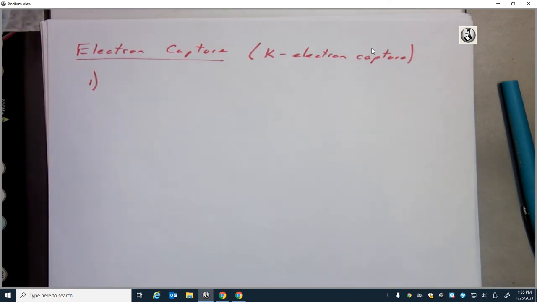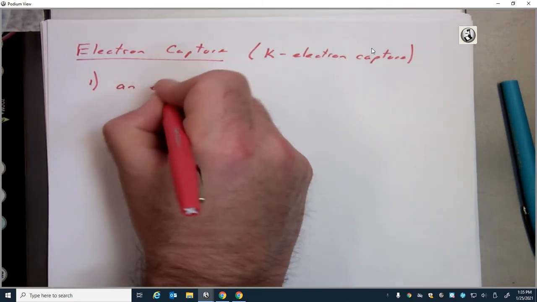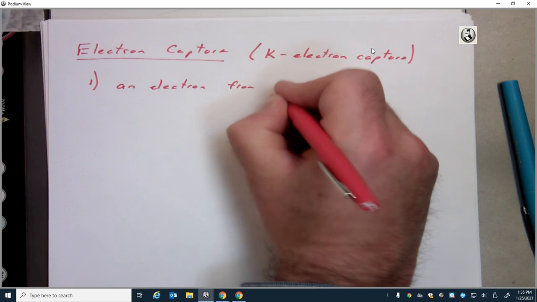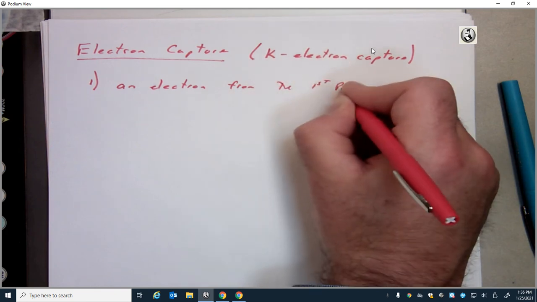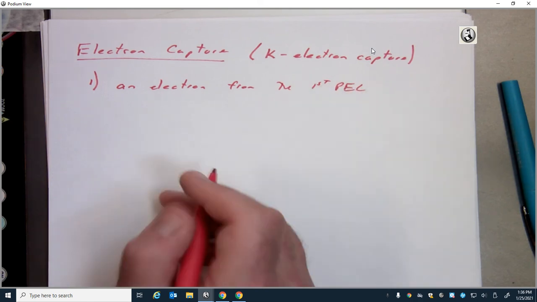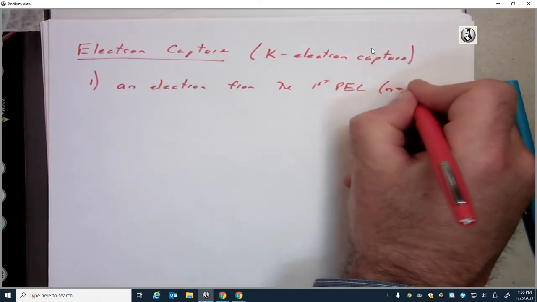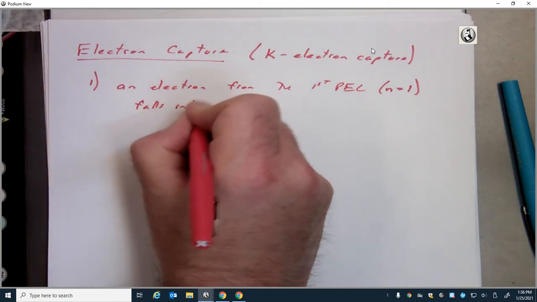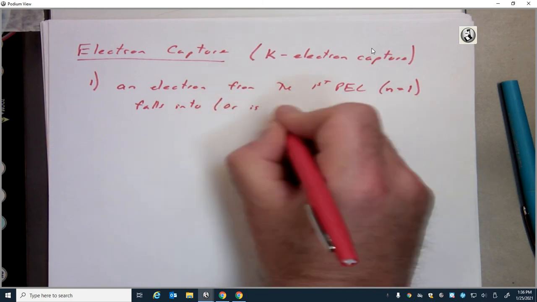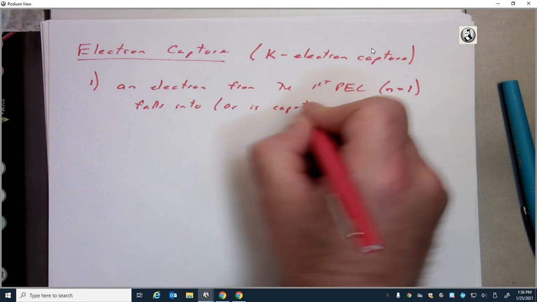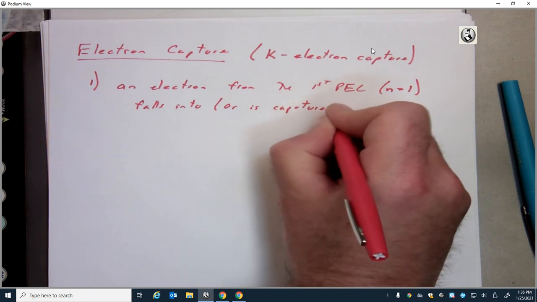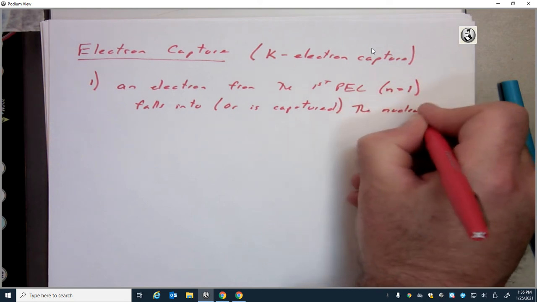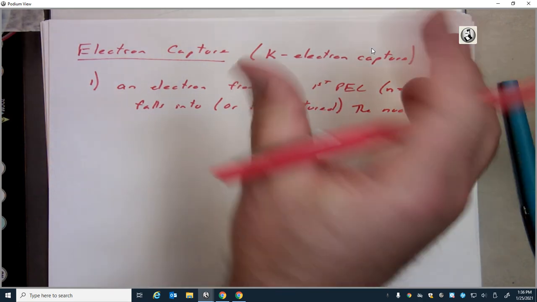In electron capture, what happens is an electron from the first PEL, from our inner principal energy level, remember, which means n equals 1, falls into or is captured by the nucleus. So an electron from the first principal energy level actually falls into the nucleus.